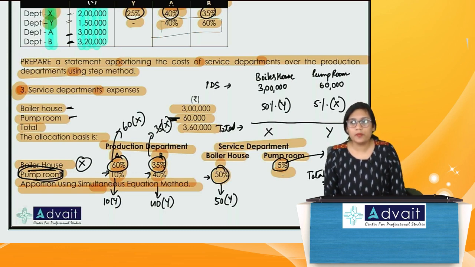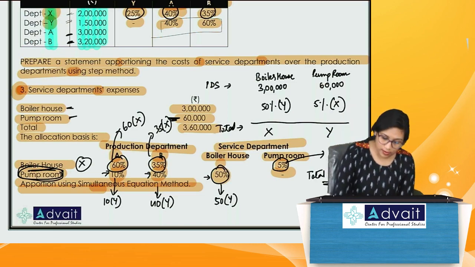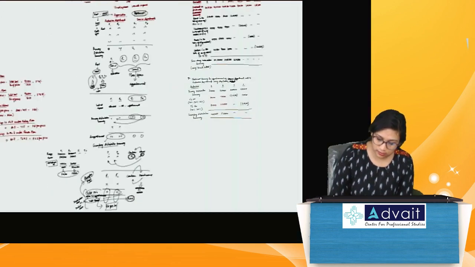So shall we move on to the problem? The solution to this problem basically. Yes, so come to the classwork.